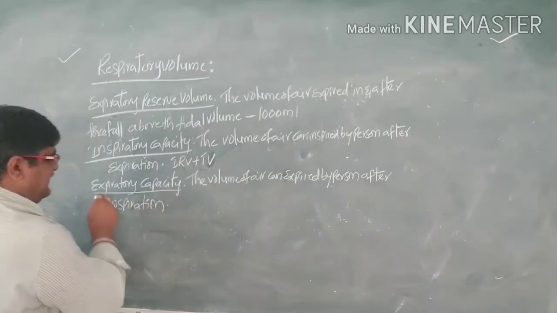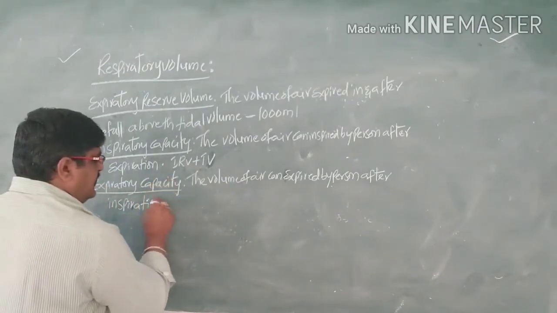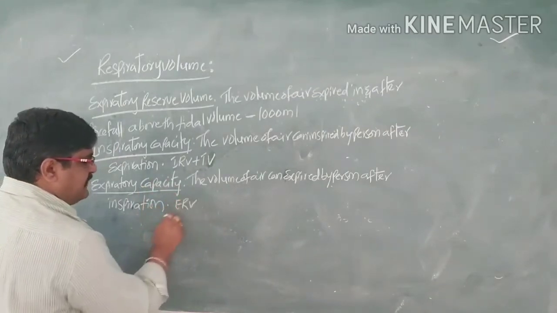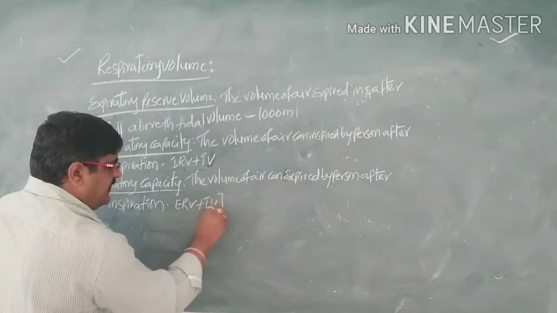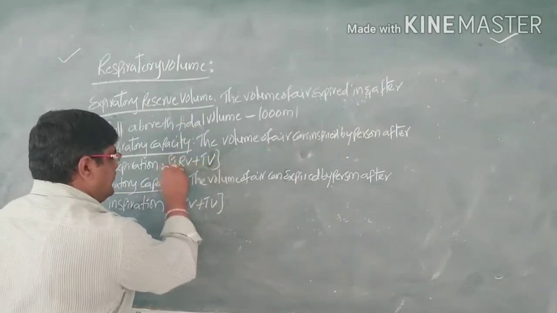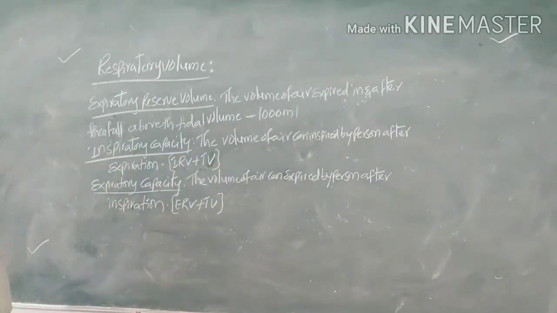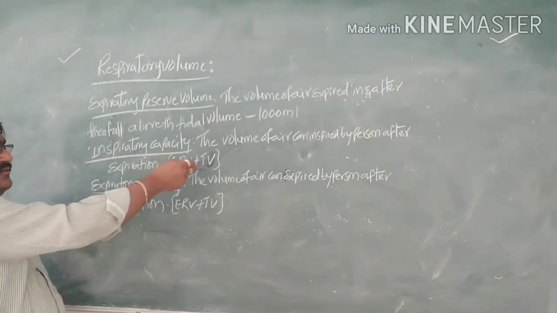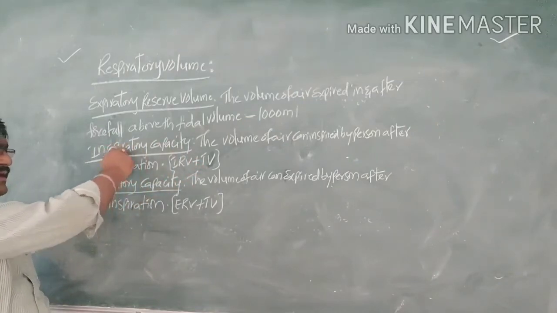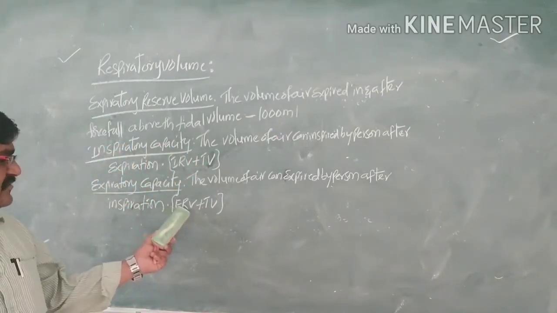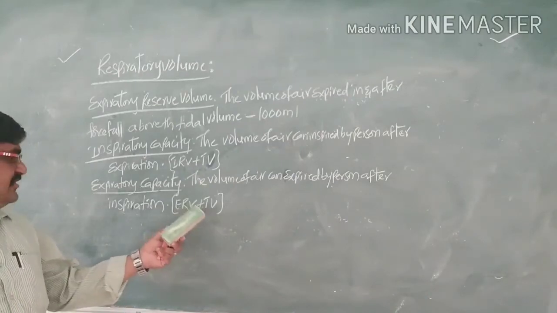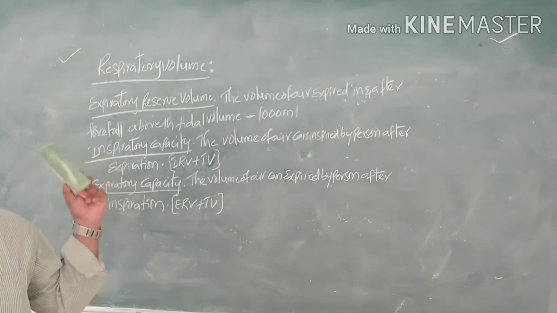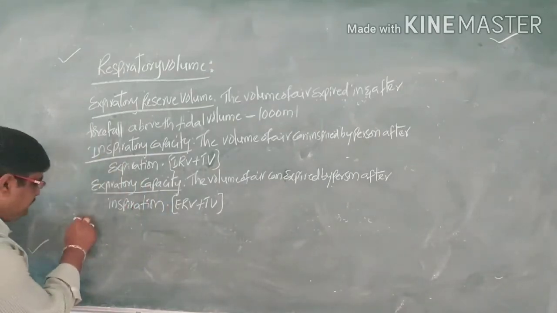So the expiratory reserve volume plus the tidal volume is equal to the expiratory capacity. So IRV plus tidal volume is equal to the inspiratory capacity, and ERV plus tidal volume is equal to the expiratory capacity.